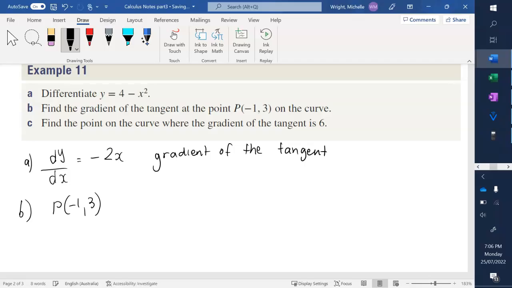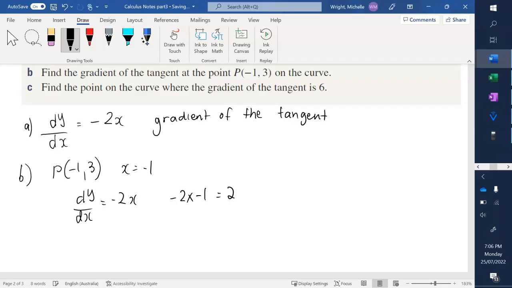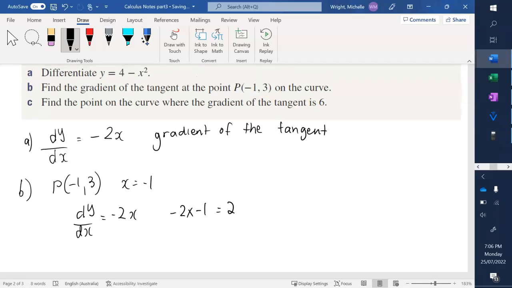Here we're being asked to find the gradient of the tangent at the point minus 1, 3. So I'm going to pick out the x as minus 1, and I'm going to pop that in to where my minus 2x is. I'm going to write minus 2 times my minus 1, which is equal to 2. So the gradient of the tangent at the point minus 1, 3 is 2.